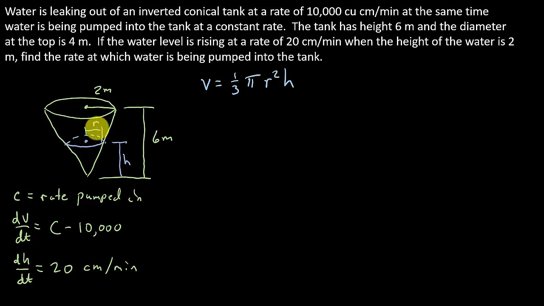So I've got this radius over this radius is equal to this height over this height, a proportion, right?